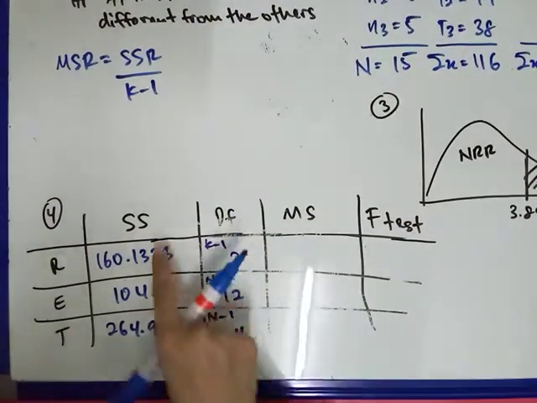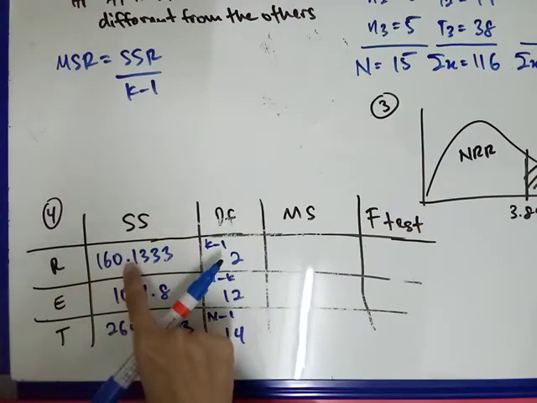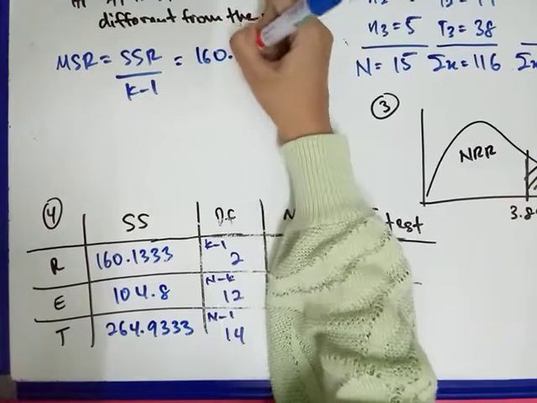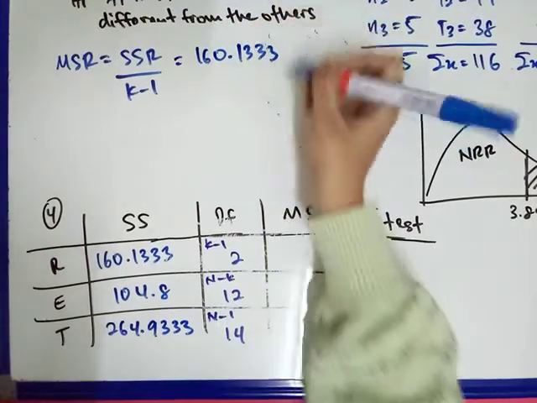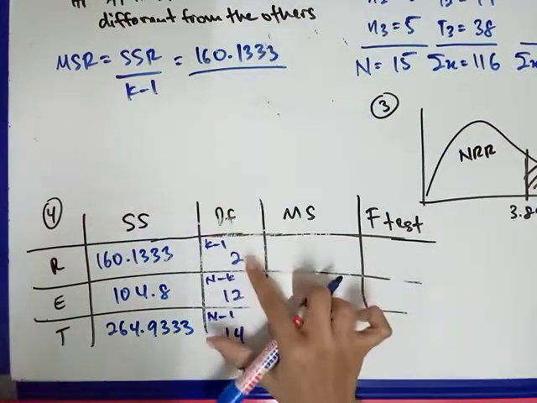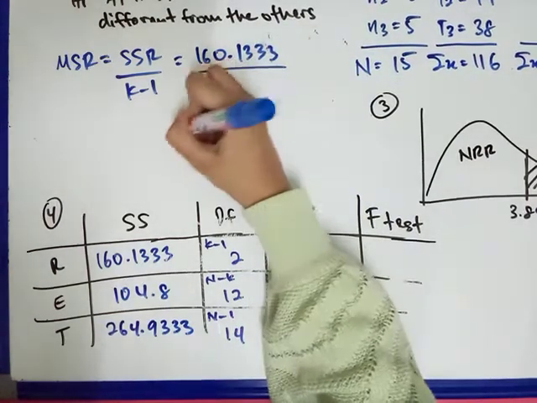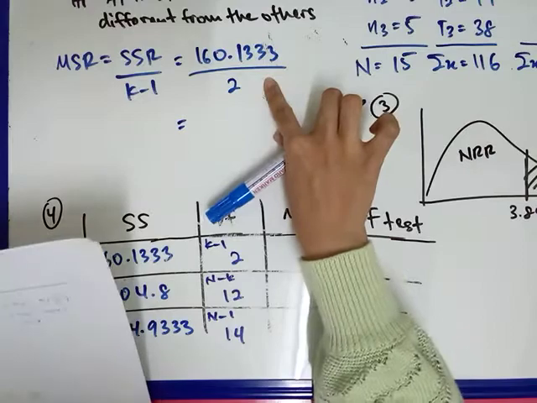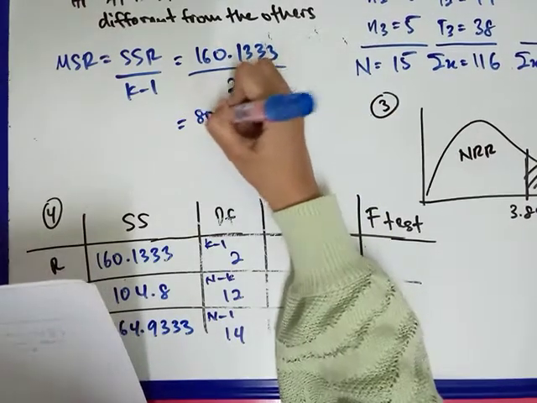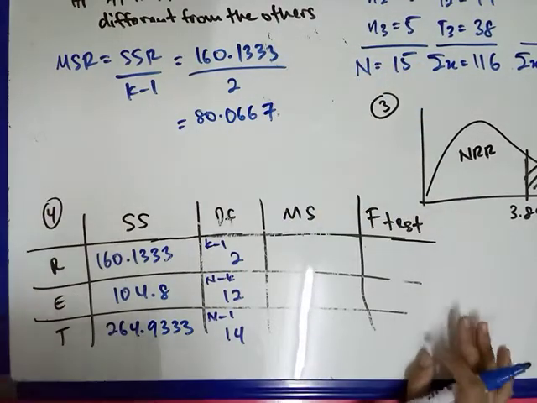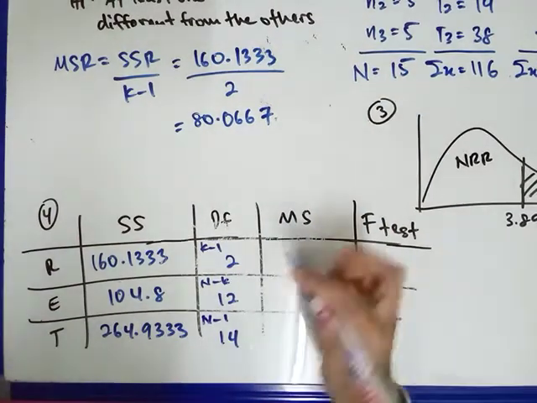So we know that SSR is 160.1333, divided by K minus 1, which is 2. So awak calculate, you will get 80.0667. Okay, so this is for MSR.